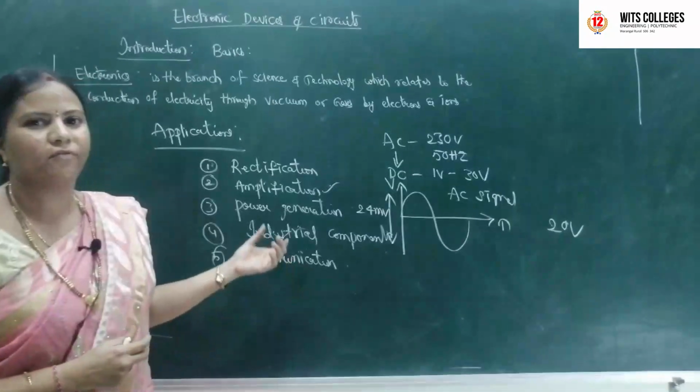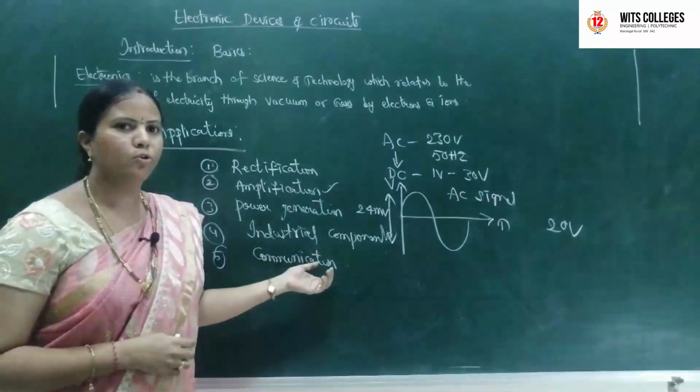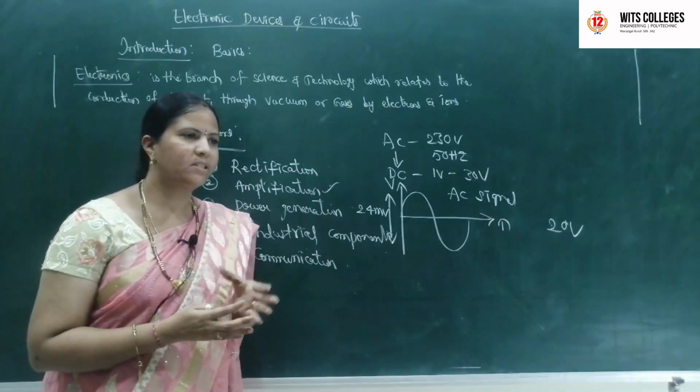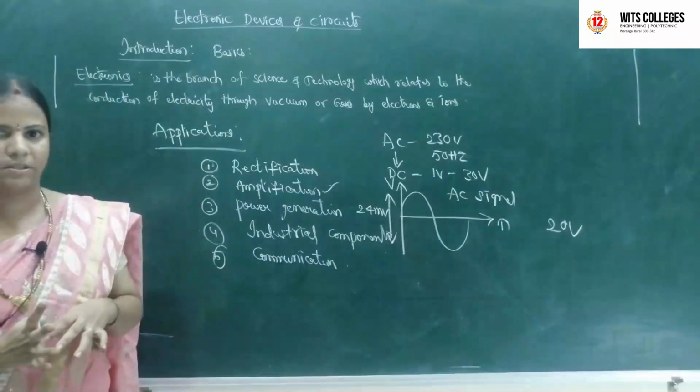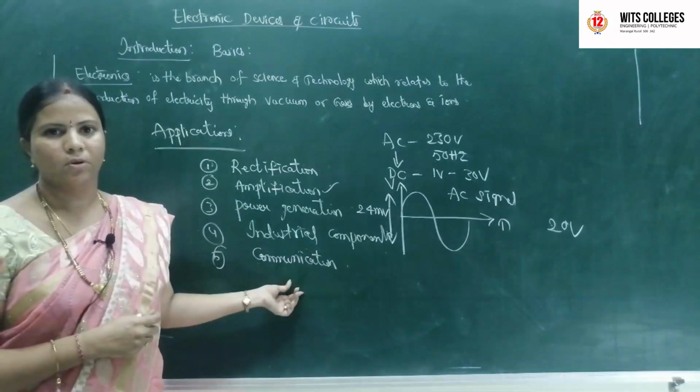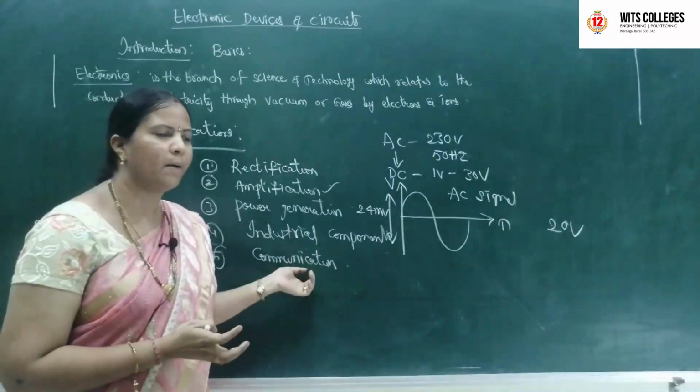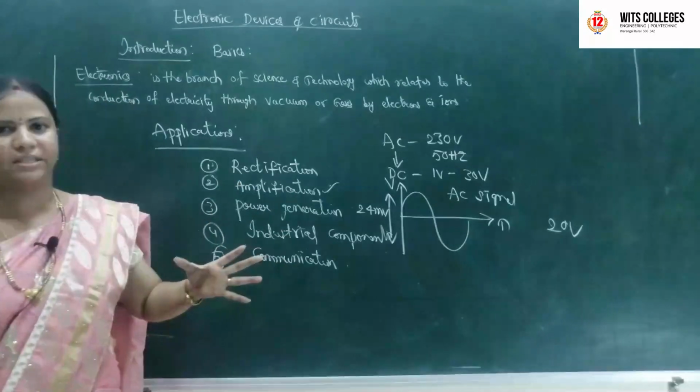Communication, what is the meaning of communication? To transfer the signal from one place to another place is nothing but communication. So to transfer the signal, compulsorily you have to use the transmitter and receiver.